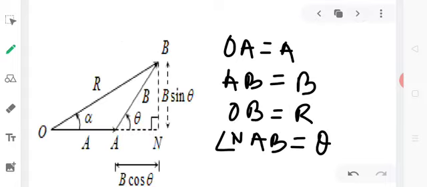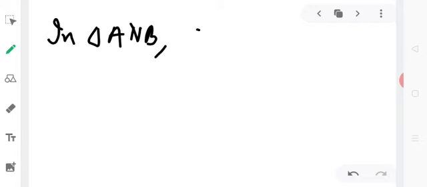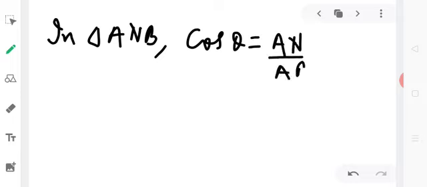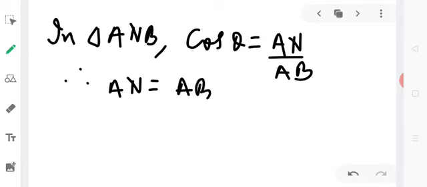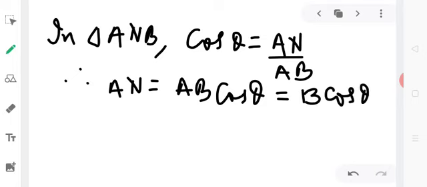As I told you, cos theta is equal to base by hypotenuse, that is AN by AB. So therefore AN will be equal to AB cos theta, that is equal to B cos theta.